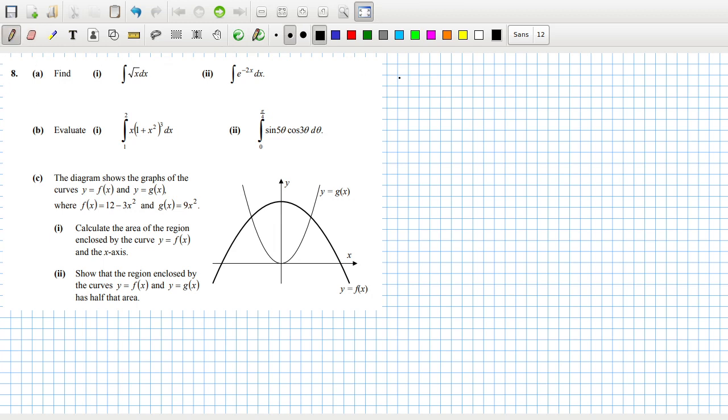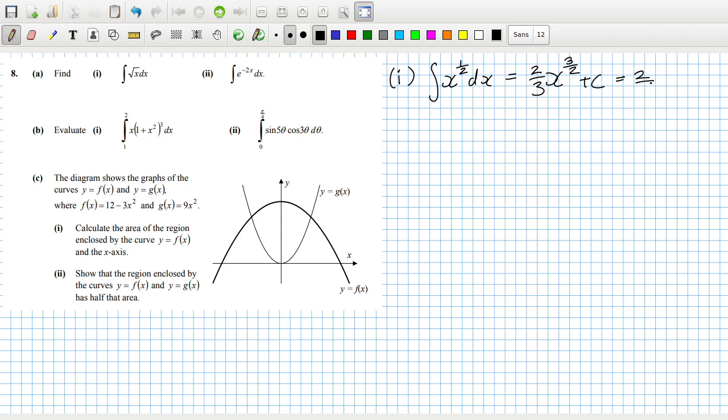So the first one here, integrate root x is like integrating x power a half dx, which would be increase the power by 1, divide by the new power, plus c.